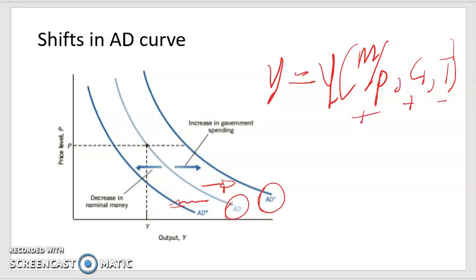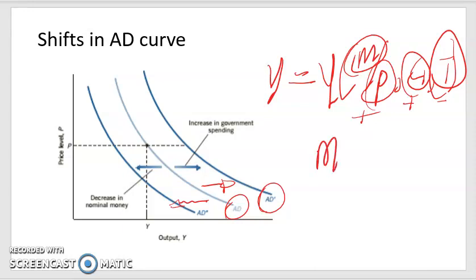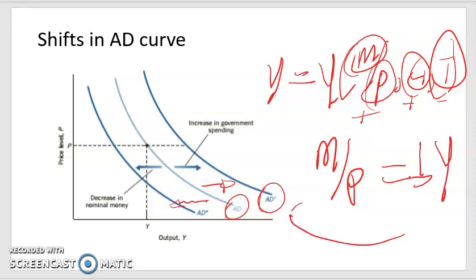Given monetary and fiscal policy, that is, given M, government spending and tax, an increase in price level leads to a decrease in real money stock, which leads to a decrease in output, and that is captured in the aggregate demand curve.